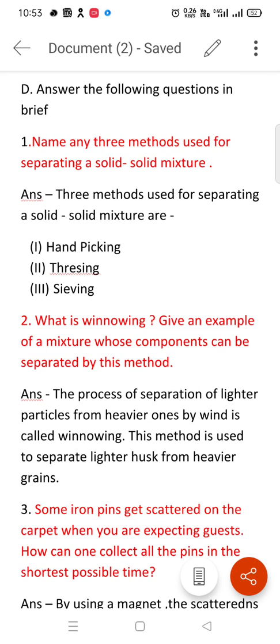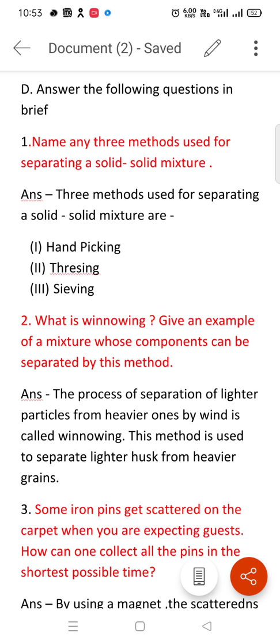Now the fourth question, transferring the clear liquid into another container leaving behind the residue is called decantation. A substance that sublimes easily is naphthalene. Now answer the following question in brief.